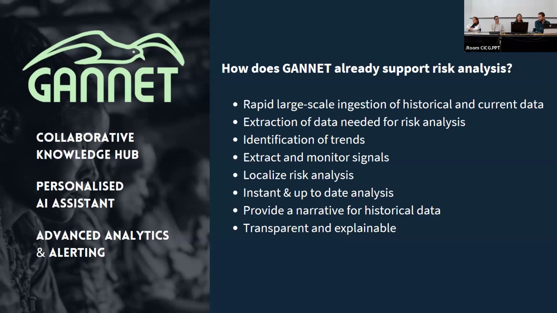Our vision with Ganet is that we envision three features. One of them is a collaborative knowledge hub. Data is the biggest part. Even when building the MVP, we worked a lot on structuring data. The collaborative knowledge hub is the structured data of humanitarian information from different sources, from ReliefWeb to news, UN news or any other information, and risk related data sources can also be ingested.